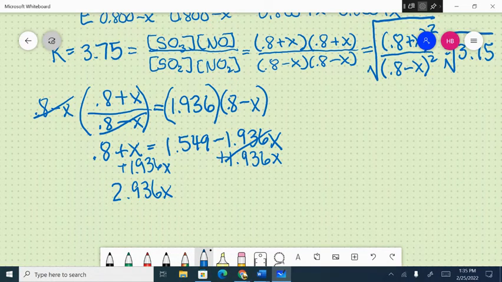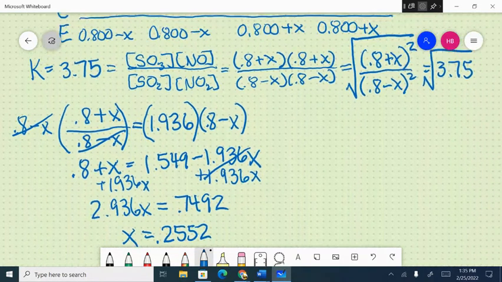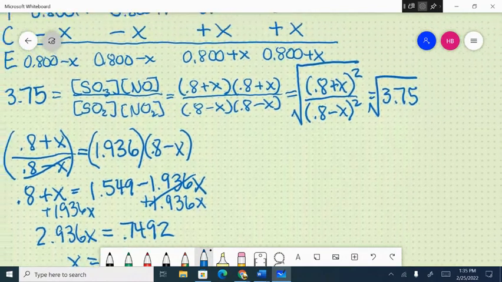Now I'm going to subtract 0.8 from each side. And I can solve for x by dividing each side by 2.936. And I get a value of 0.2552. That's the value for x.